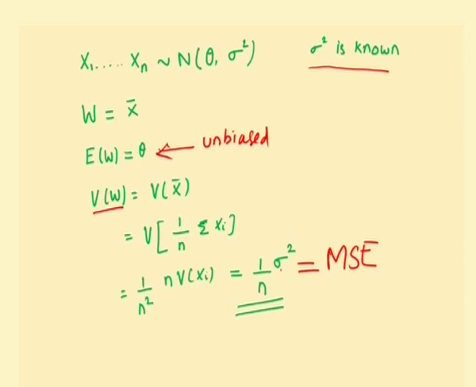The next case, the same family, x1, x2, etc., xn, but now I will slightly change this theta. That means here I take mu, and theta I say is my variance.